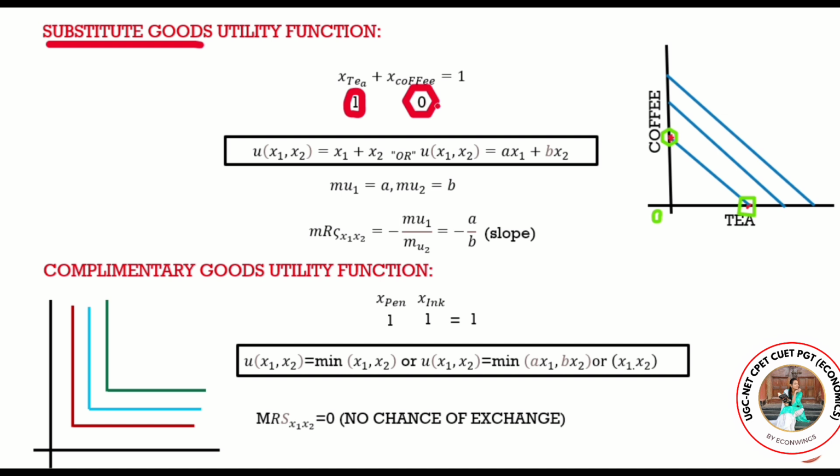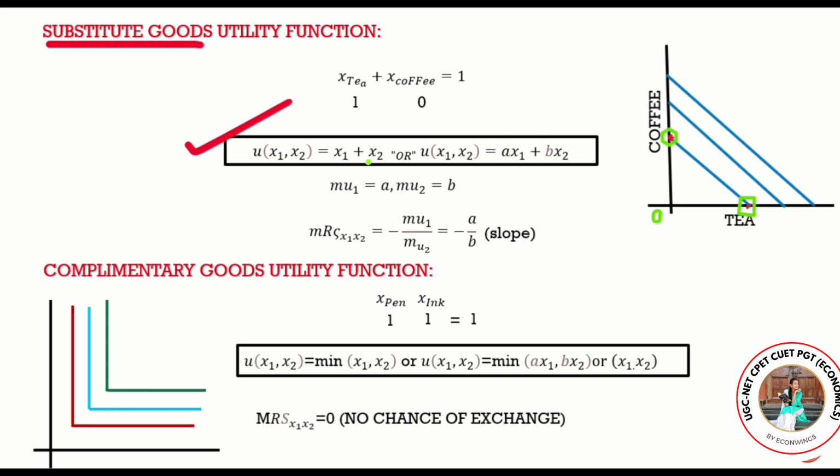So here x tea plus x coffee equals 1, where x tea and x coffee are the utility that he or she gains from tea or coffee. When presented as a utility function, U(x1, x2), x1 is tea and x2 is coffee.